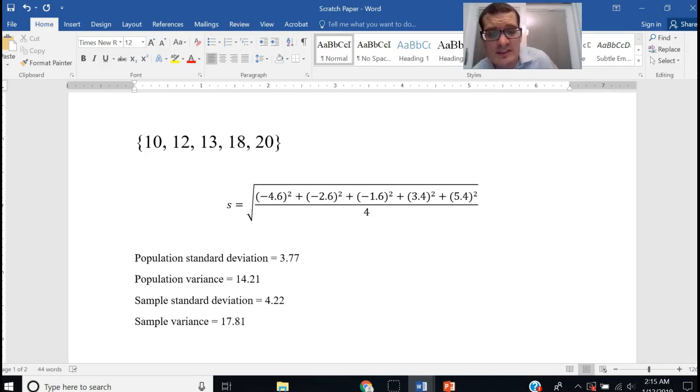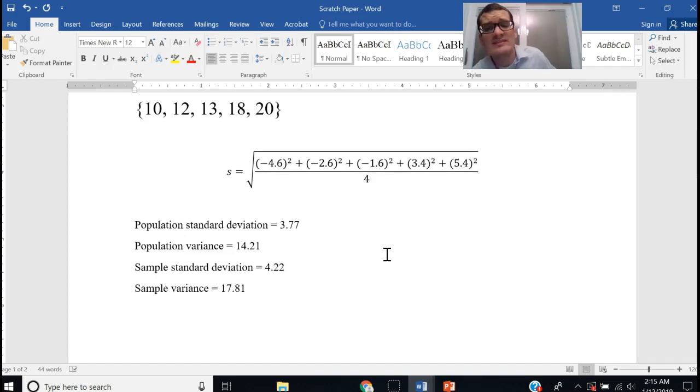Now I want to just point out the difference. What is the difference? Well, sample standard deviation is a little bit higher, and that's on purpose. That's really what that n minus 1 is doing. It's giving you a little bit higher of a number. And the reason it wants to give you a little higher number is because of the idea of a sample maybe not representing your population perfectly. In other words, it's kind of like giving yourself a little bit of wiggle room.